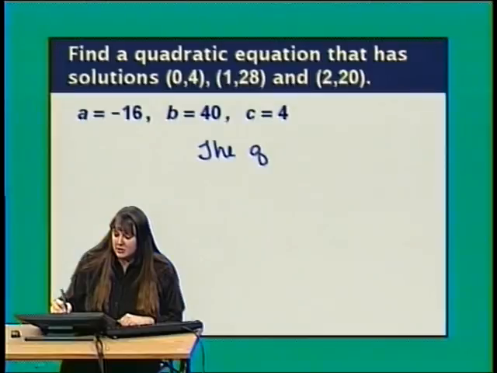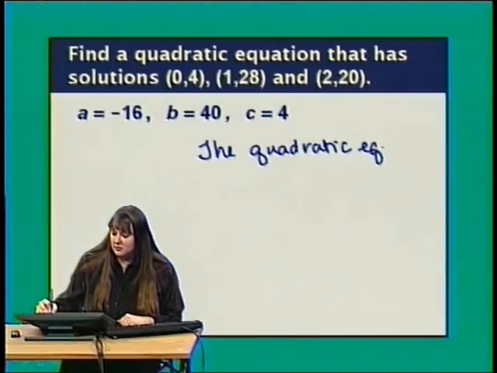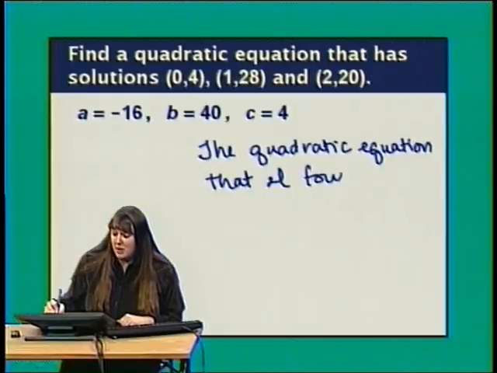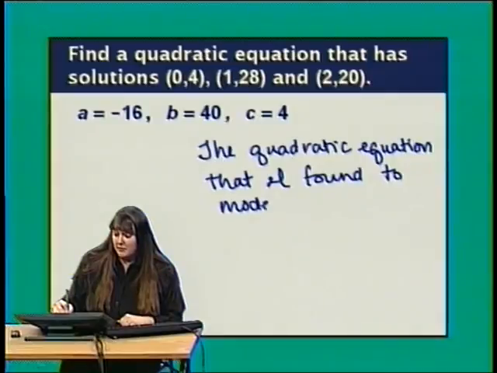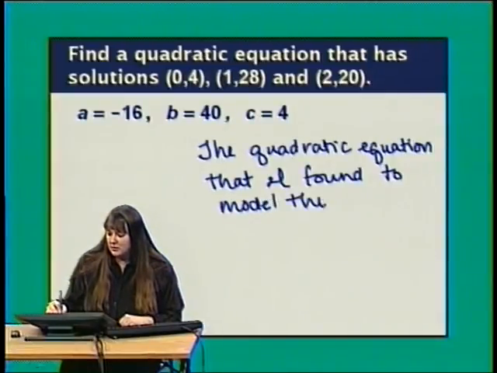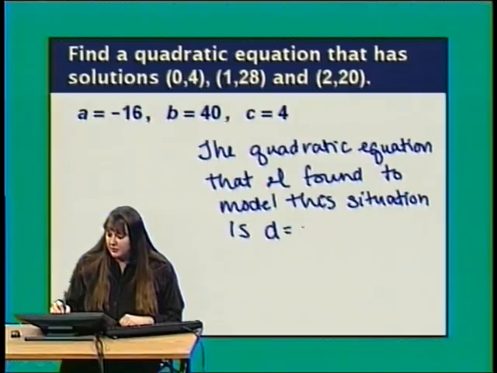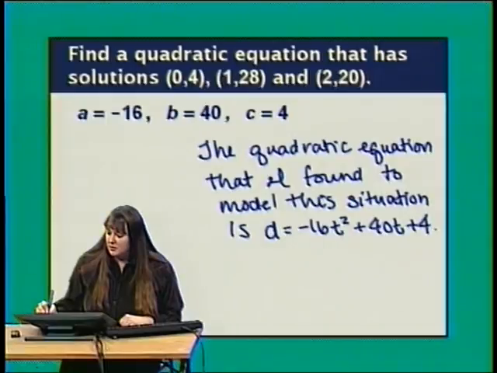The quadratic equation that I found to model this situation of the ball being kicked in the air is d equals negative 16 t squared plus 40t plus 4.